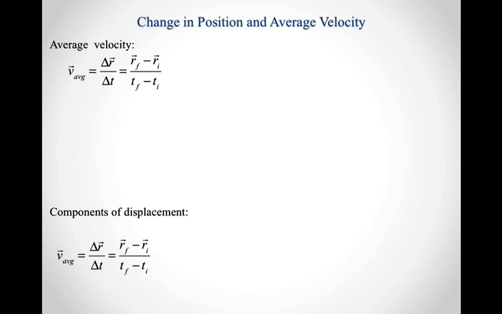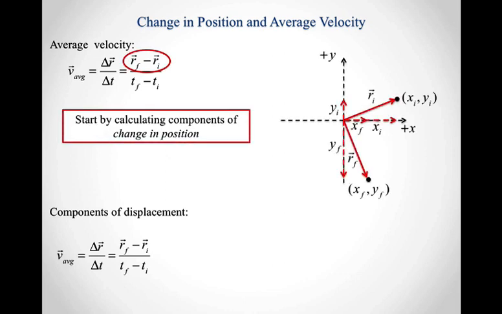They're the same thing. To calculate the average velocity, what you'll notice is it's still a vector subtraction problem. So I'm going to start in exactly the same way that we just worked the change in position problem, by calculating the components of the change in position. The added detail here is that I go from talking about the change in position to the average velocity by caring about the time.